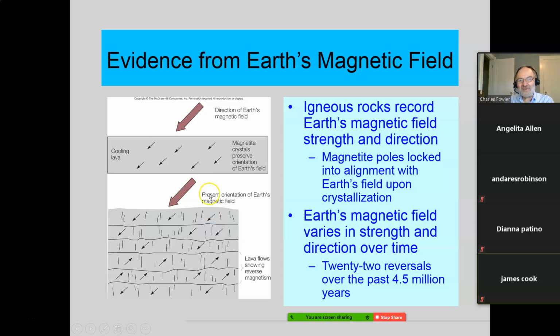Because it says it's varying in strength and direction. Strength means it goes down to near 0 field. Direction means it comes out the other end, pointing in this opposite direction, and gradually increasing in strength again. And then gradually decreasing in strength until it goes to 0 and comes out gradually in the opposite direction. Now that's my interpretation. Just mine. Okay.